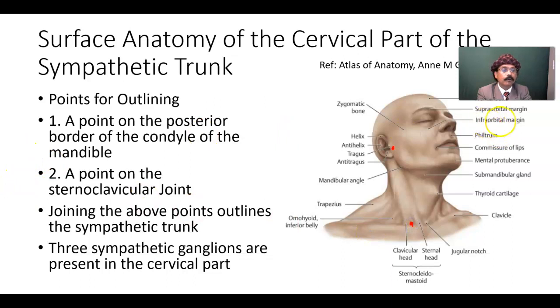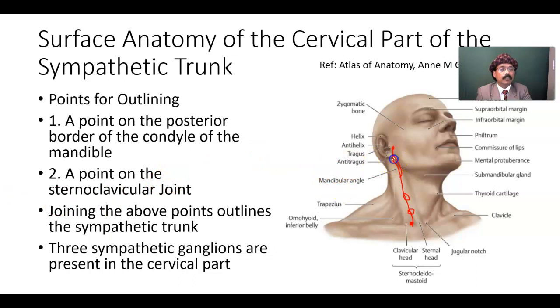If we draw these two lines, we'll get the sympathetic chain of ganglia, the sympathetic trunk, and in the upper part we have the superior cervical sympathetic ganglion. We'll get the small middle cervical sympathetic ganglion, and we'll get the inferior cervical sympathetic ganglion. Okay, we can draw in that way.